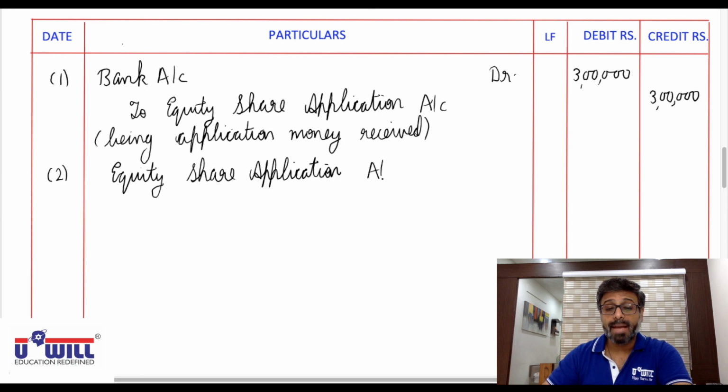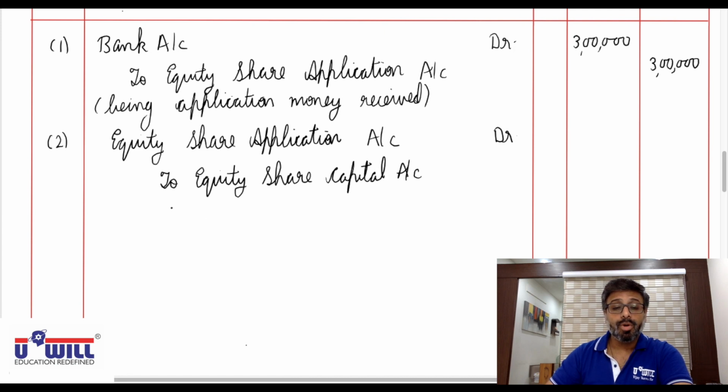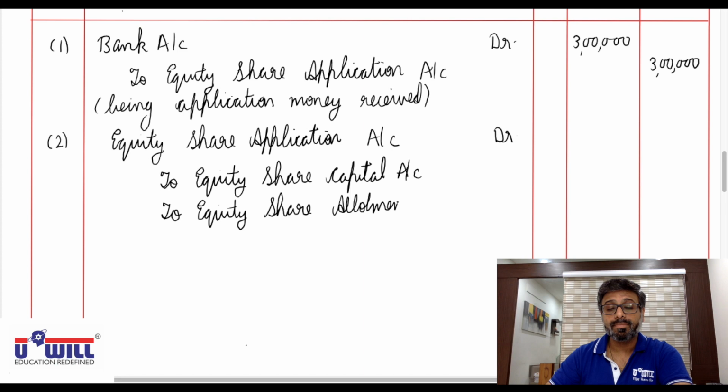Now we will debit the equity share application account, and then to equity share capital account, to equity share allotment account with the adjustment towards allotment, and to bank account.